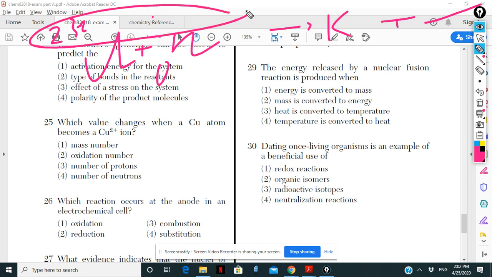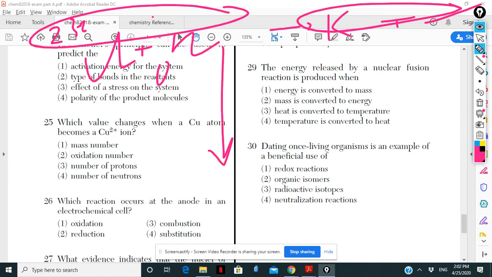And when we add up the masses, they decrease. I have a decrease in the mass. Why? This mass is converted to energy. So the answer is 2. And it's logical: when he said energy release, I need something to convert to energy.